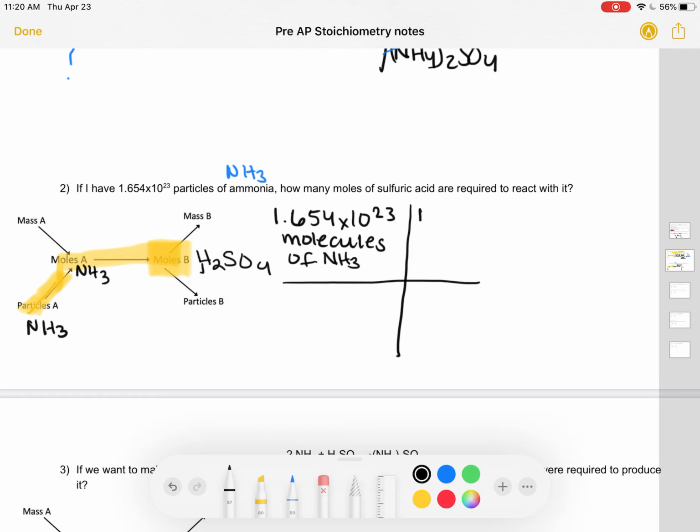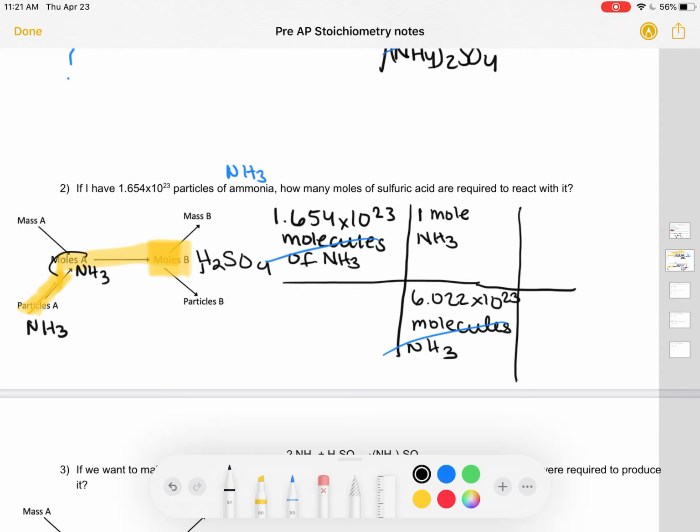So for every 1 mole of NH3, there are 6.022 times 10 to the 23 molecules of NH3. Okay, so now my unit molecules of NH3 is canceled out, and I'm left with moles of NH3.